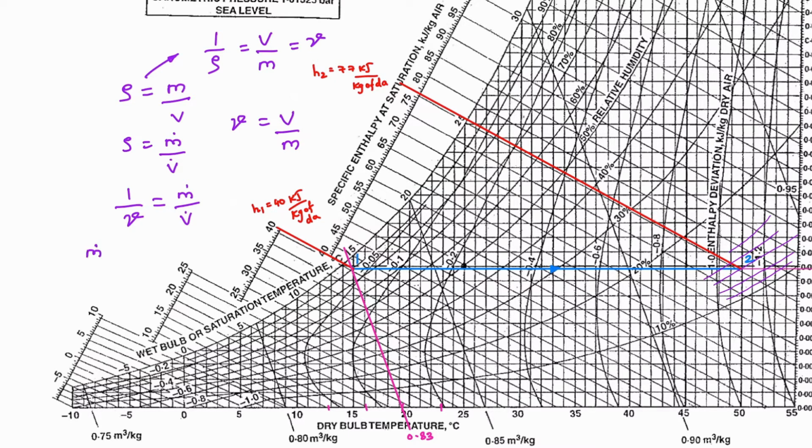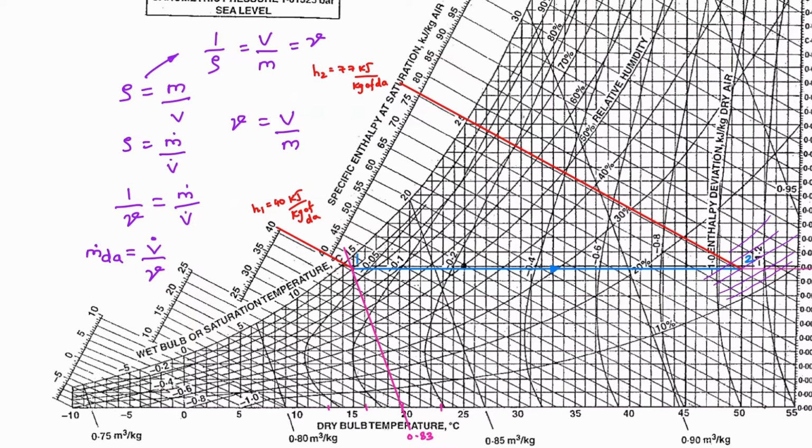So m dot dA, which is there in the numerator, is equal to volume flow rate divided by specific volume. So this is the equation which we have to use. Now volume flow rate is given in the question. In order to calculate m dot dA, we should know what is specific volume of point 1.